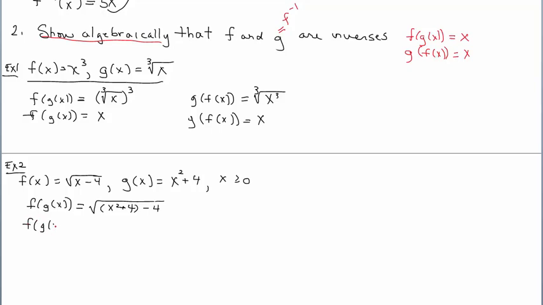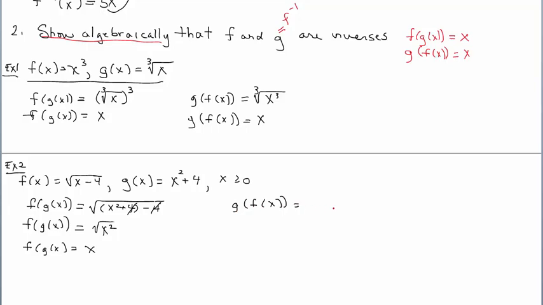Go ahead and bring down f of g of x every time. The parentheses aren't serving any purpose here, so you can release them, and once you do, you can see that you're going to cancel these 4's, and you're left with the square root of x squared. The last step is to simplify, and that's going to be equal to x.